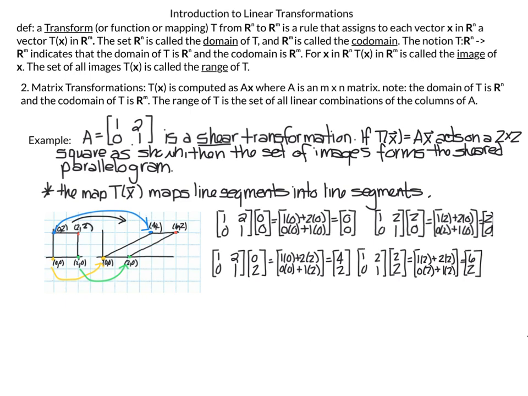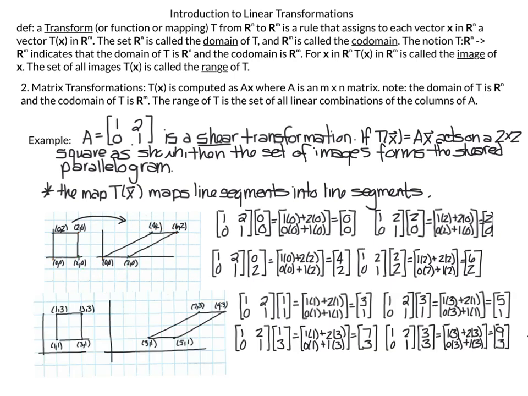Okay, there we go. So that's how we've mapped the corners, and because line segments map to line segments, we can just go from the yellow to the blue to get that line segment. There's a line segment from the yellow to the green, green to red, and then blue to red. So I have my transformation.